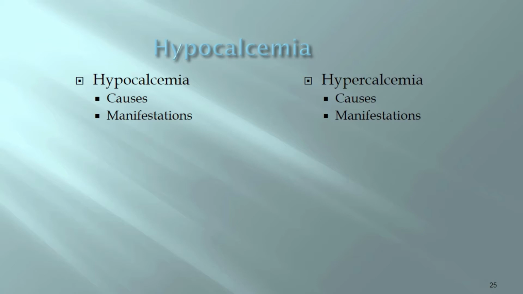I remember a clinical case from last year. We had a patient with a history of parathyroid tumor, which resulted in complete thyroid removal for this lady, and of course parathyroid too.